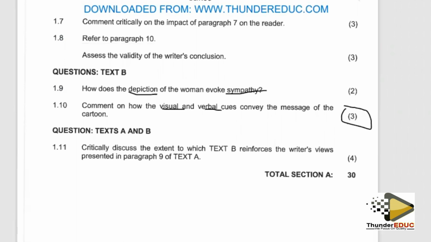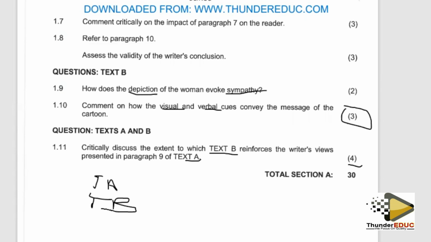Critically discuss the extent to which text B reinforces the writer views presented in paragraph 9, text A. This is usually a formal question, but remember this one needs you to incorporate both text A and text B. So please, let's make sure that we bring together text A and we bring text B into the discussion.